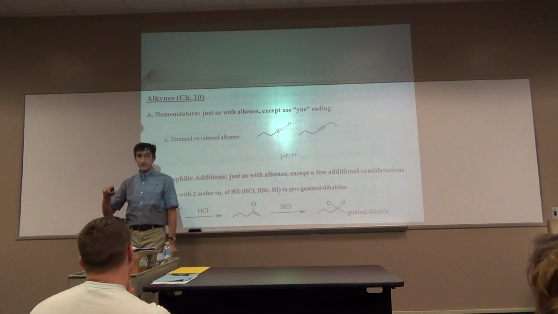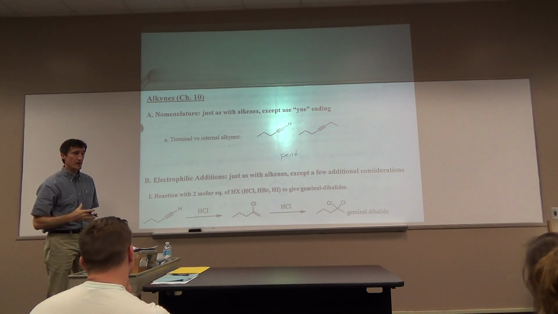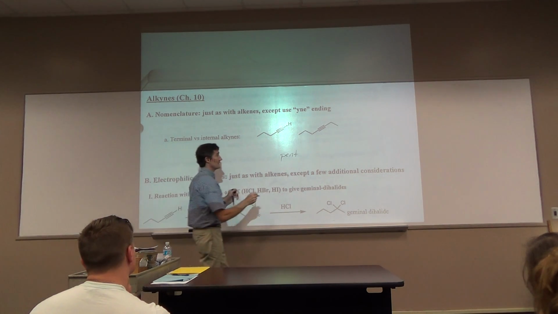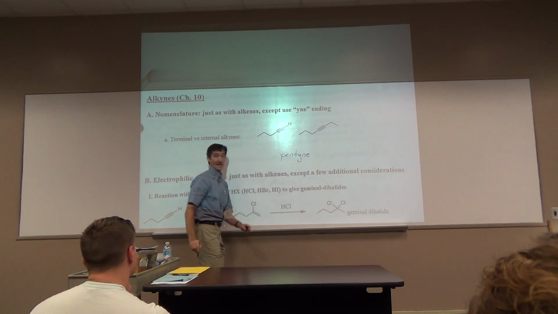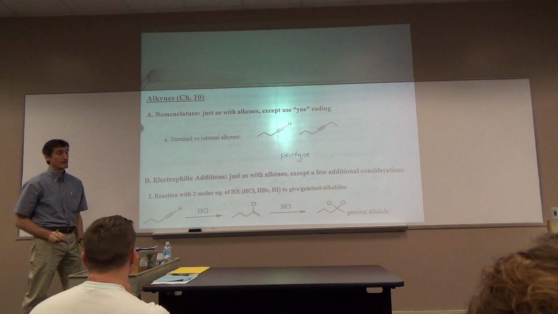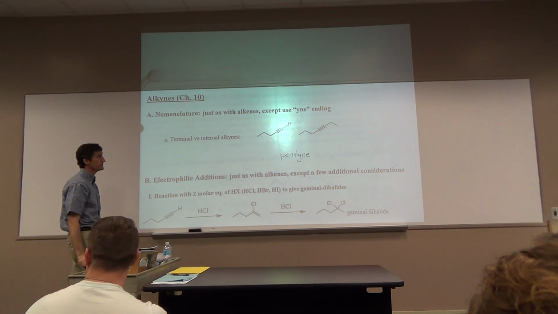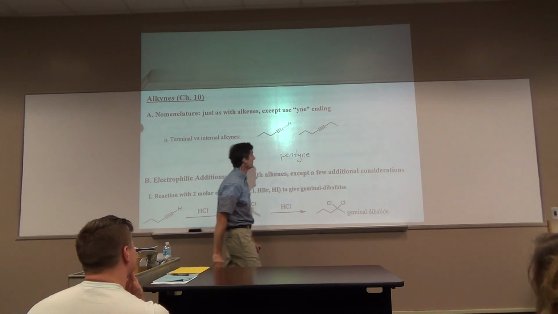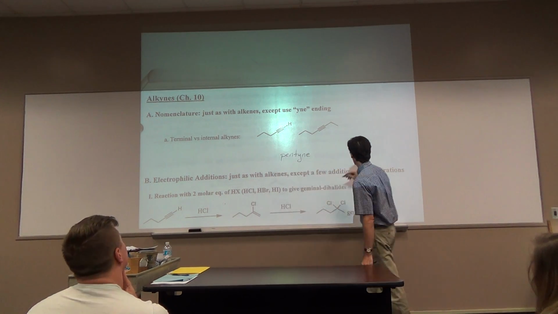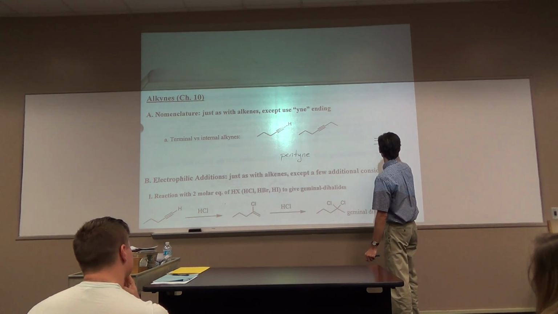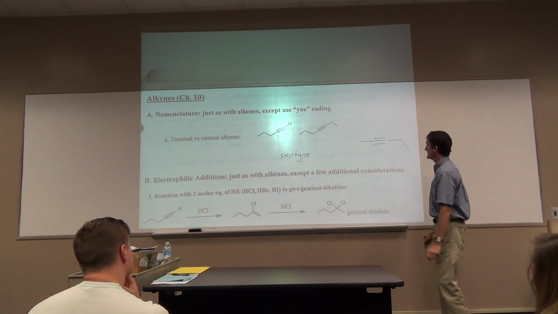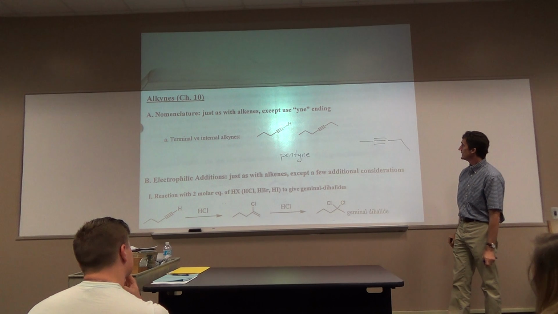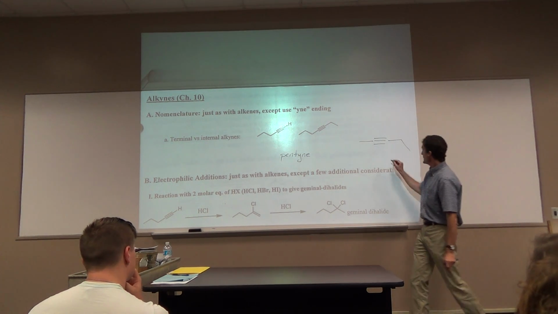Well, we indicate the functional group with the ending, so it's pent, not ane, not ene, but yne: pentyne. But if that's pentyne, then what is that? This is also pentyne.